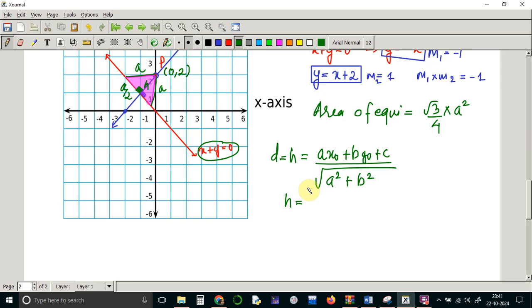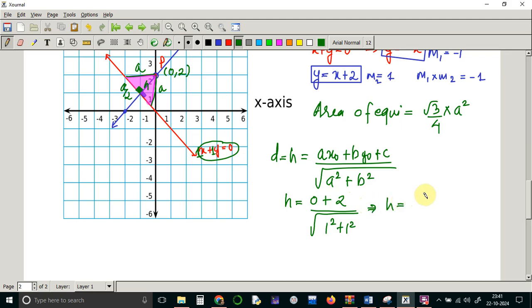So this h is, instead of x naught, I will put 0. So this is 0 plus 2, so this is 2 divided by, and the coefficients are 1, 1. So 1 square plus 1 square.